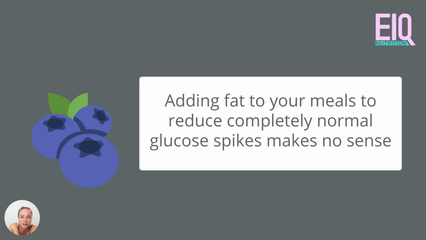So adding fat to your meals to reduce glucose spikes that are completely normal, and avoiding them, makes very little sense, especially if you don't want to ram a load of fat into your diet, which may actually have its own negative consequences, but will certainly make it much harder for you to stick to your calories, especially if you're avoiding things like fruit intake.